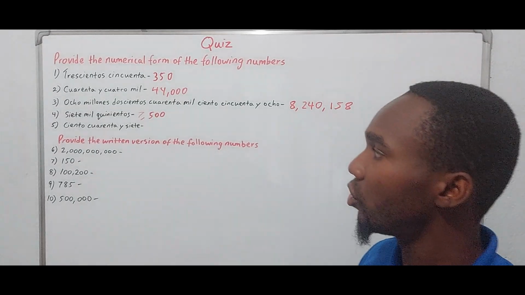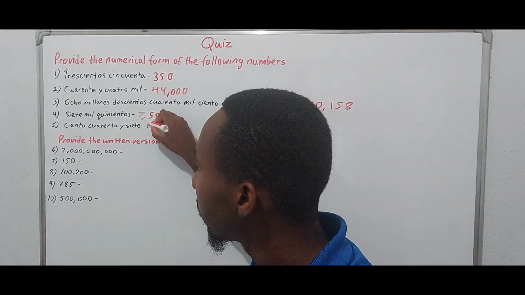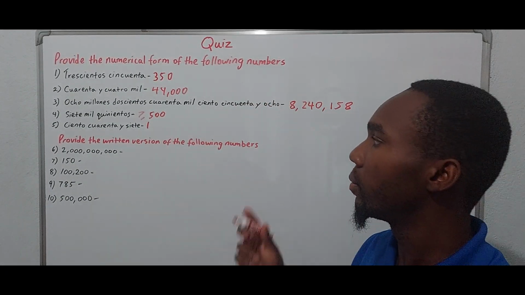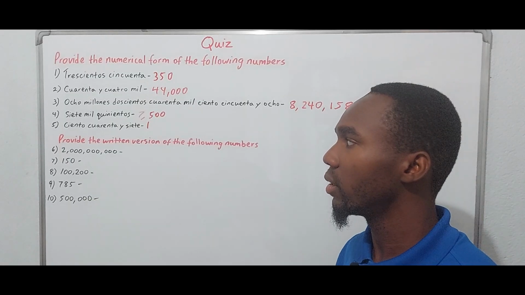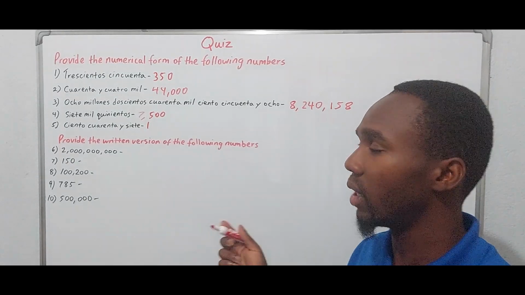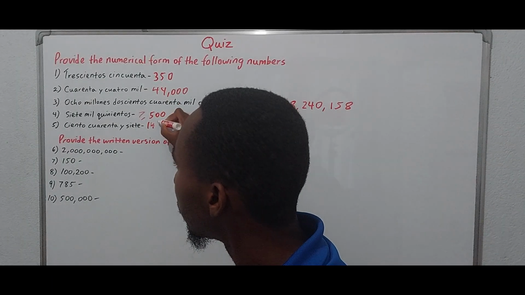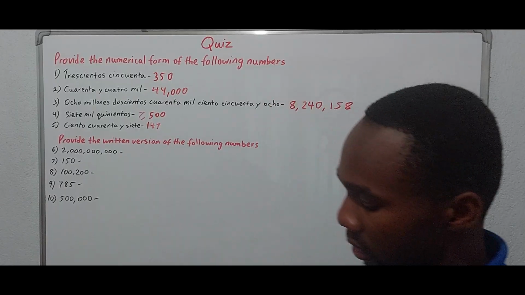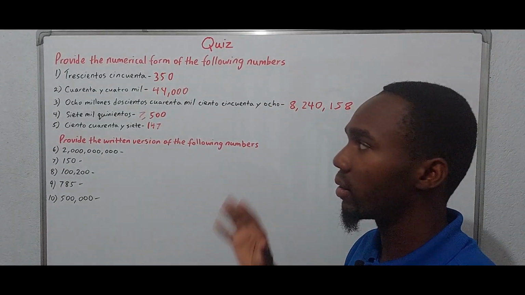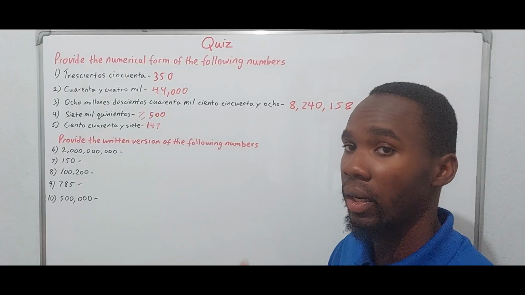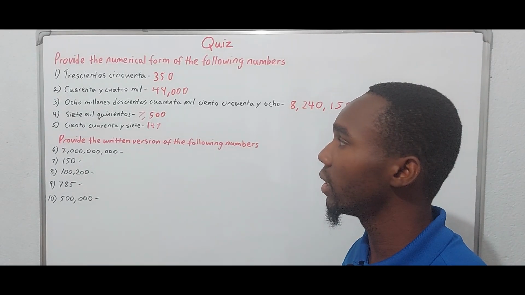Ciento cuarenta y siete. You know for sure our number is over 100. 47. Cuarenta is 40, siete is 7. So 147. All right. So I hope that that section was easy for you and that you answered everything correctly.